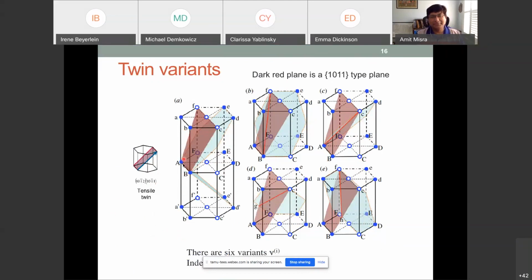So let's say we take this HCP crystal structure, this dark red plane, I'm just marking as one particular plane. But if we now want to look at the 6 possible variants of the 10 bar 12 twin, we have them drawn here. This is the first variant, second variant, third variant, fourth, fifth, and sixth.